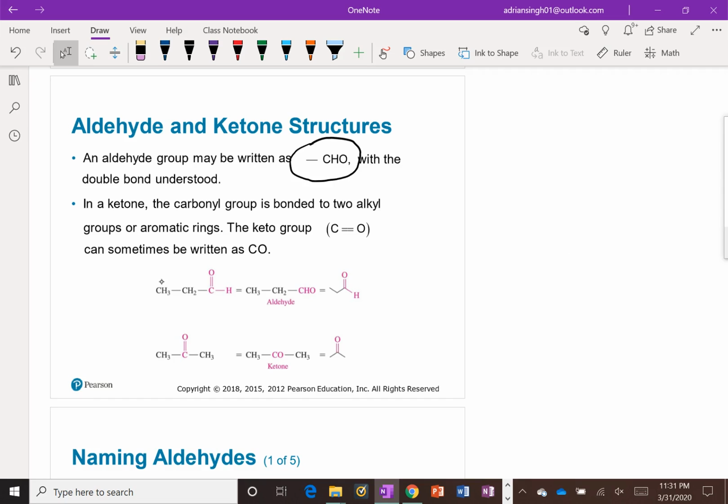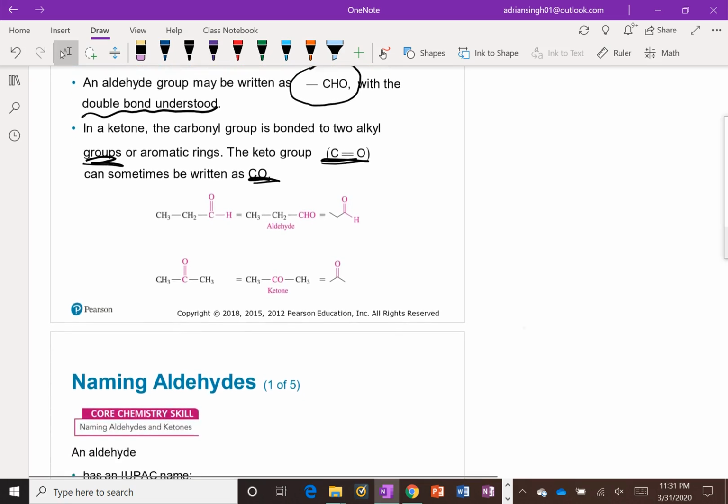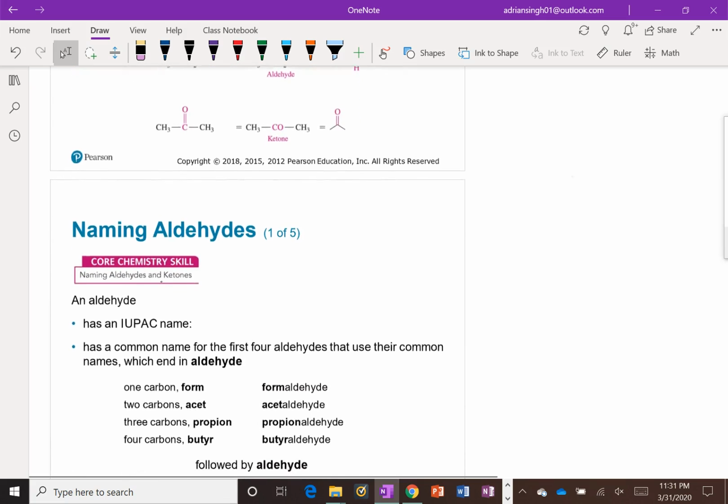That's just a shortcut to represent an aldehyde, and the double bond is understood to be there between the C and the O. In a ketone, the carbonyl is bonded to two alkyl groups, which just means that there are carbons on either side. And sometimes the keto group, the C double bond O, is represented as a CO. All right, so those are just shortcuts for representing the aldehydes and the ketones.